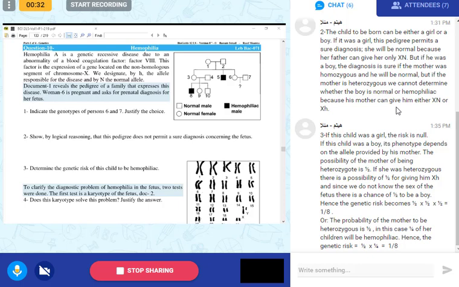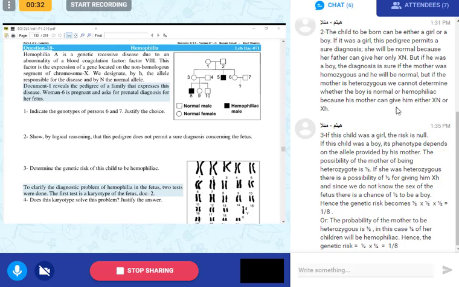If I do it by multiplying the proportion, 1 over 2 to get the first head, times 1 over 2 to get another head, 1 over 2 times 1 over 2, we get 1 over 4.